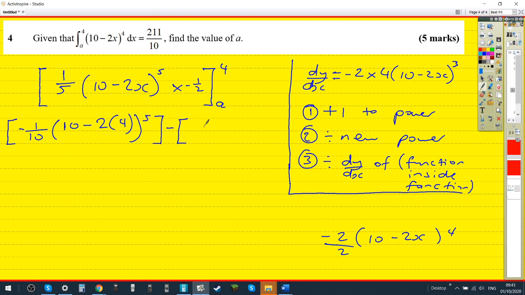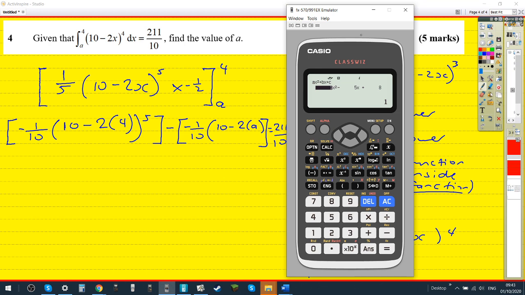And then you sub in a. And then do I make that equal to 211 over 10? Yep. And then do I now need to expand it? Not expand it, but just get the answer.